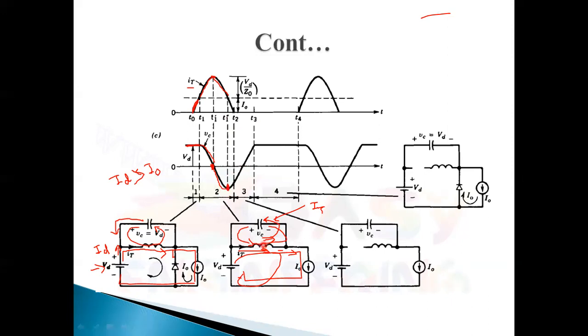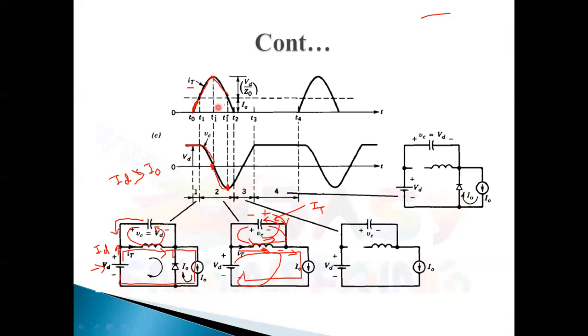decreases, because the capacitor polarity again changes in this manner, and it starts discharging in the opposite direction of this IT current.